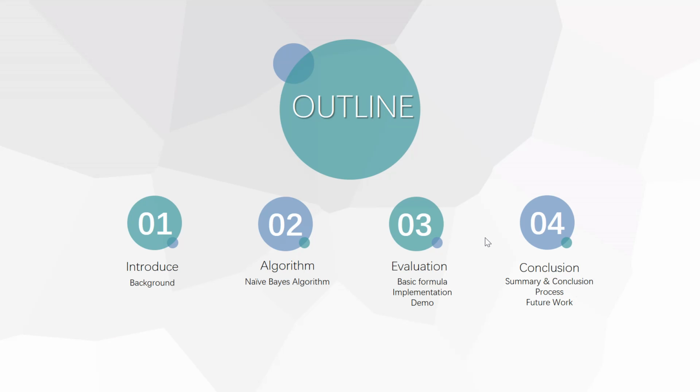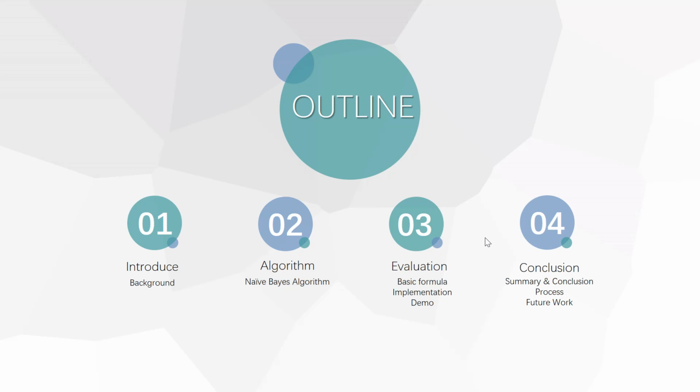This is the outline of today's presentation. The first part is the introduction. I will talk about some background of handwriting, the two types of handwriting, and some basic ideas of my project. The second part is the algorithm. I use the naive Bayes algorithm to implement my idea. The third part is evaluation.